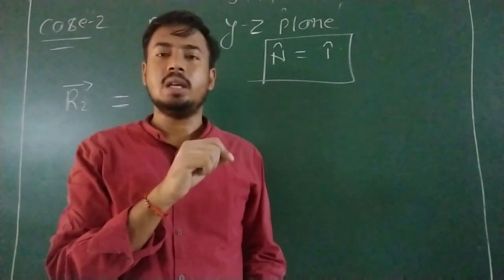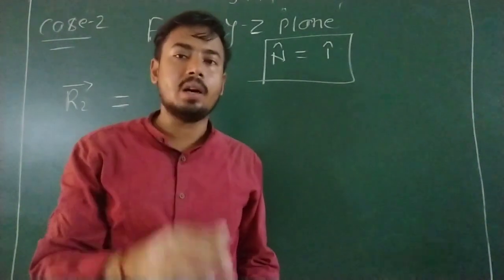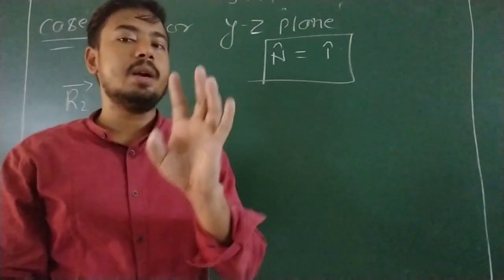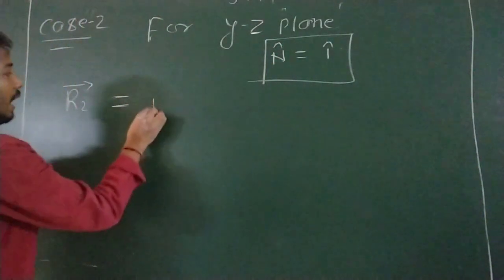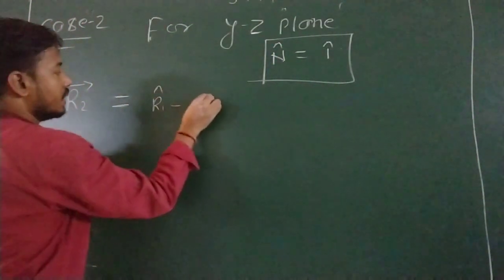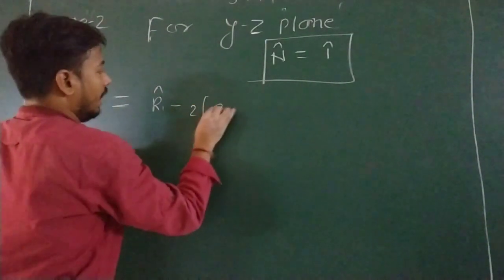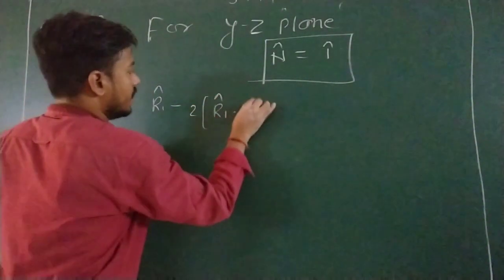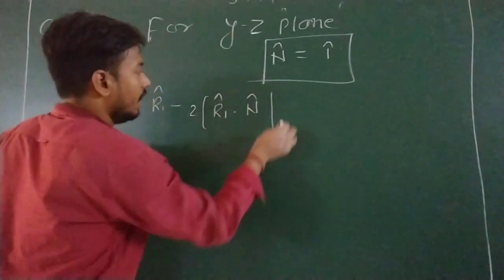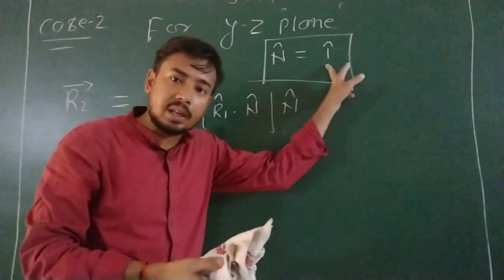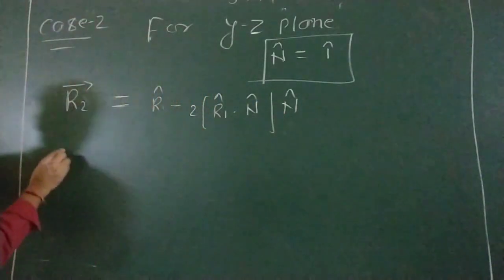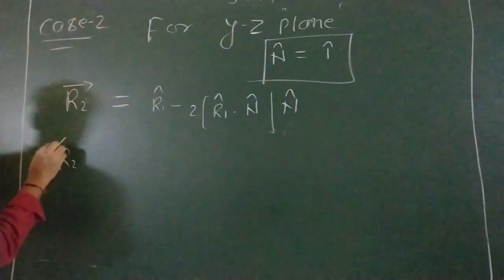It means this R1 becomes the incident ray for the second case. So here I am writing R1 cap minus 2 times R1 cap dot n cap into n cap. But here n changed. Here n becomes what? I cap. Put this one, my dear.